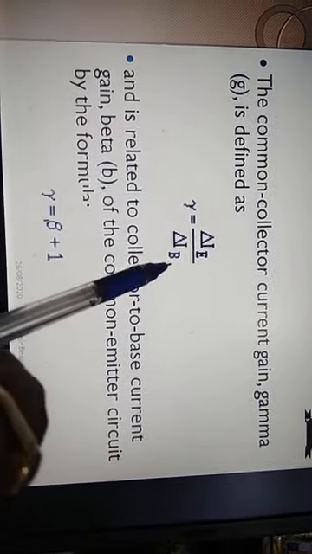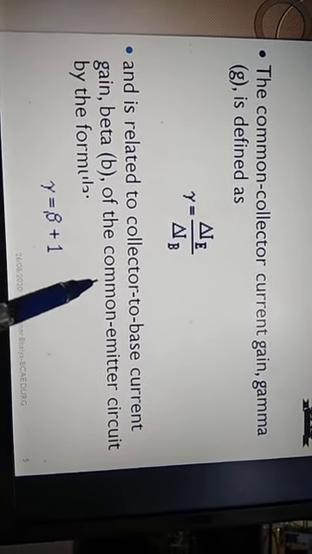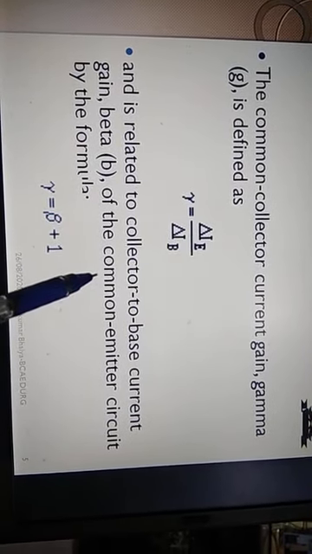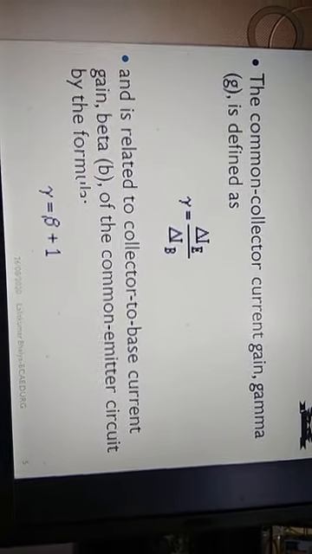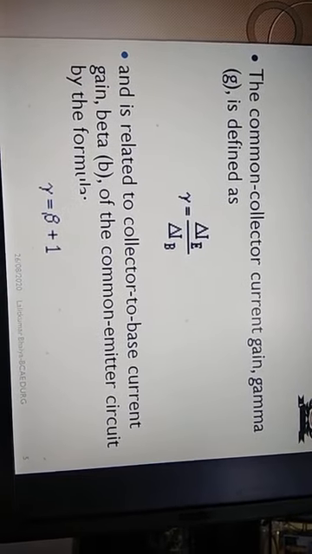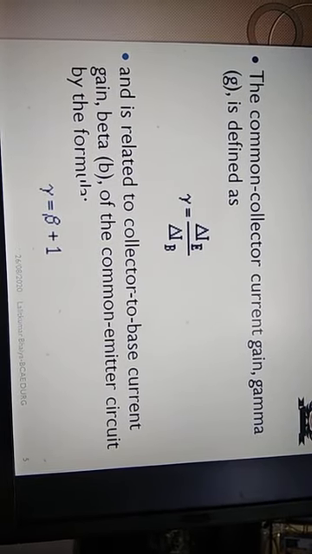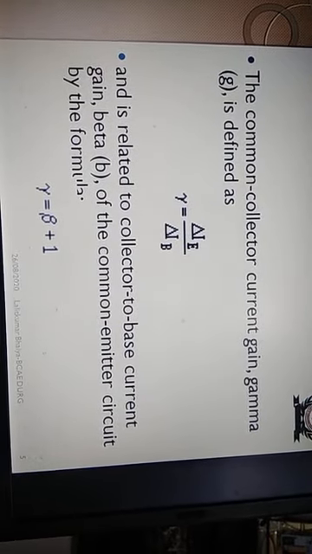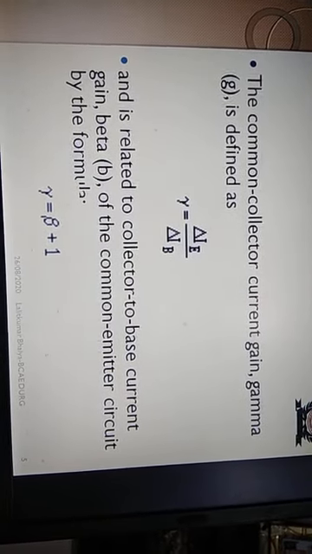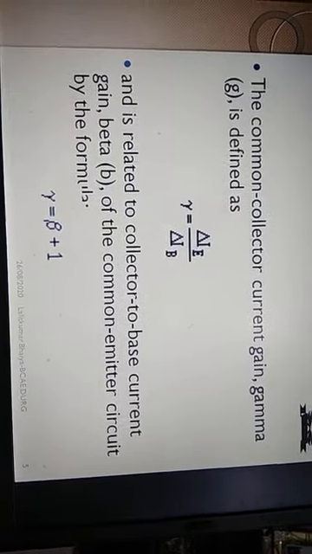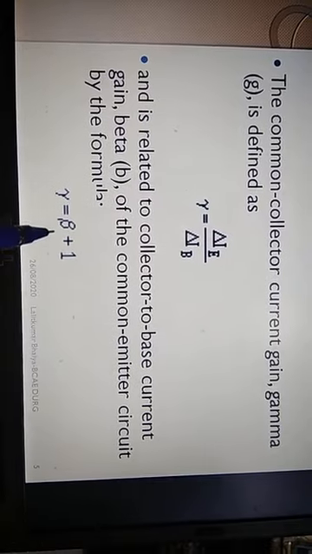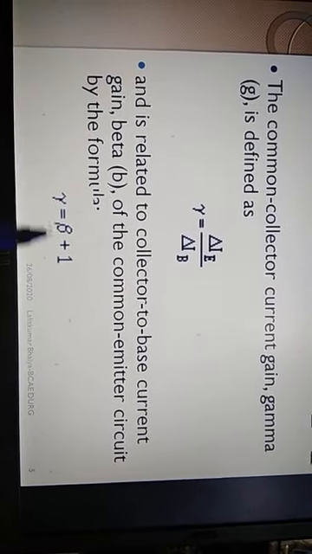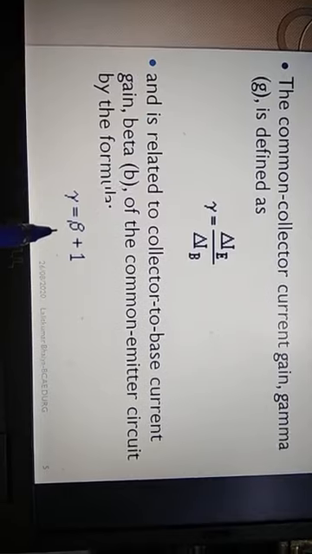Alpha is equal to IC upon IE. Beta is equal to IC upon IB. And this is common emitter current gain is beta, and this gamma is given by 1 plus beta, is the highest current gain in all three configurations.